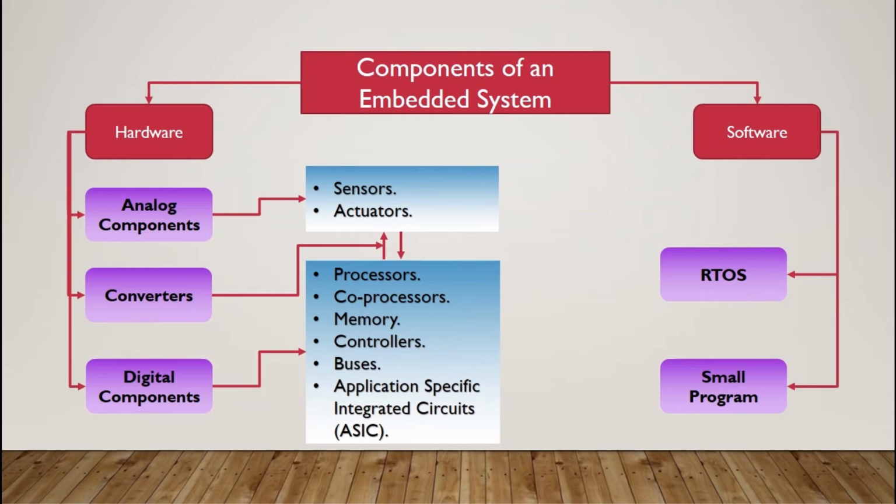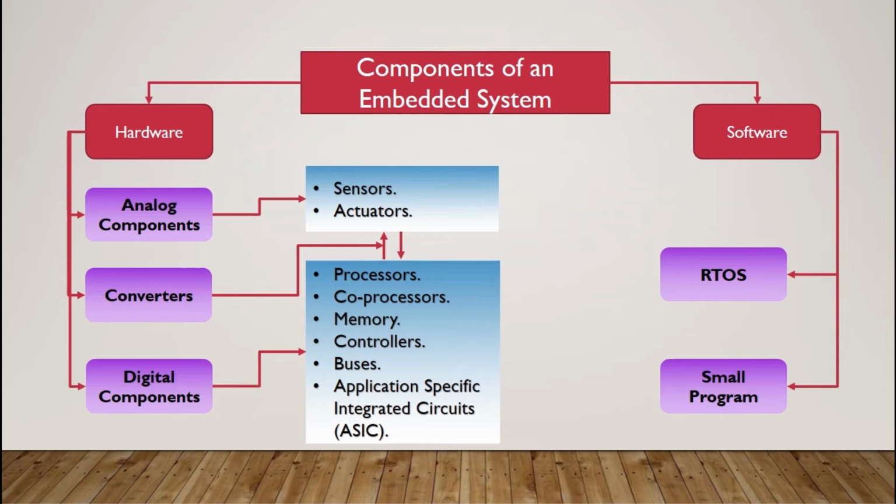They can also convert digital signals to analog signals for the use of actuators. And after converters, there come the digital components: processors, we can generally use the term controller, memories, buses, application specific integrated circuits, for example any logic gate or any operational amplifier op amp.